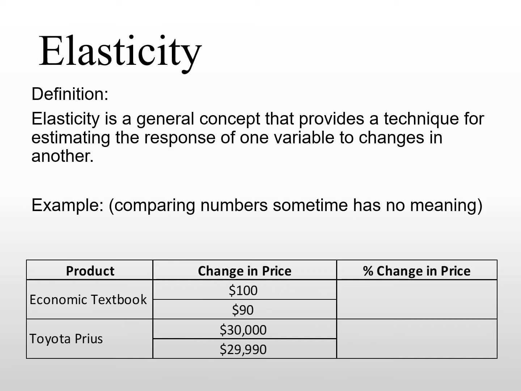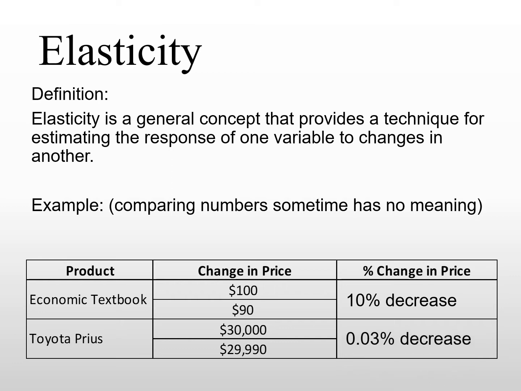The reason is that when we are trying to think about the change, most of the time we do not care much about the actual change in values. Most of the time, we care about the percentage change. When the economics textbook changes by $10 from $100 to $90, it's actually a 10% decrease in price.